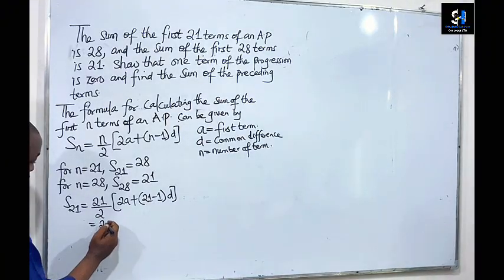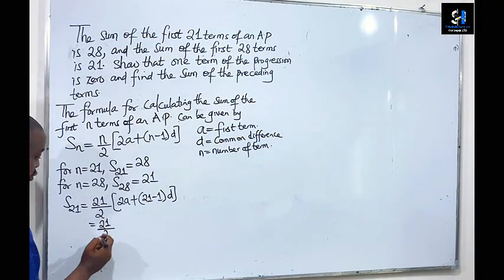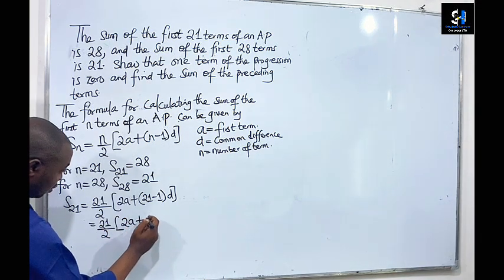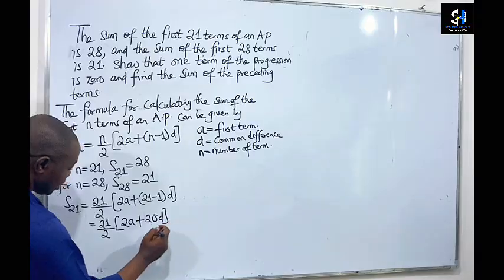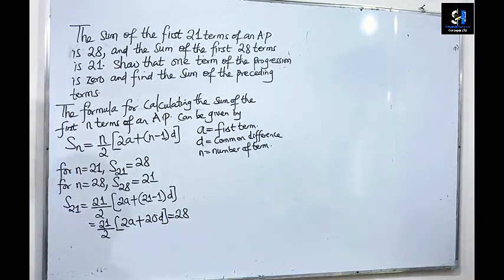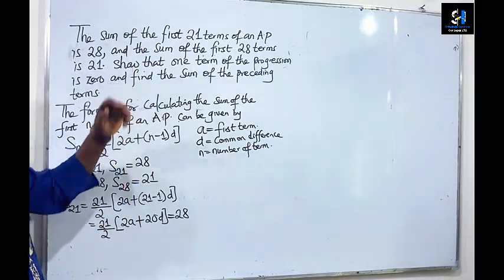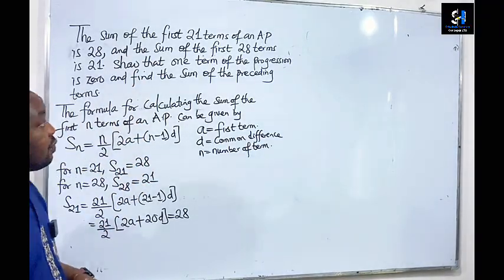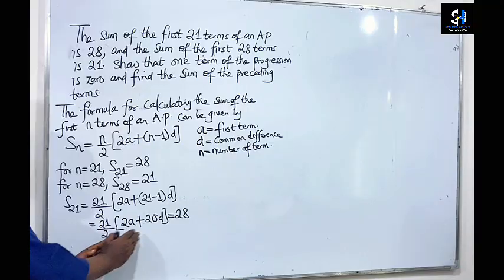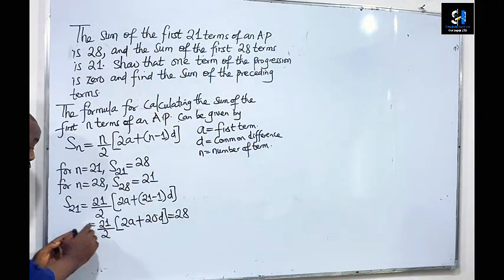So this will be 21 over 2 open square bracket 2a plus 20 times d, and this equals 28, which is according to the question, the sum of the first 21 terms of an AP is 28. From this, I'm going to get equation 1.